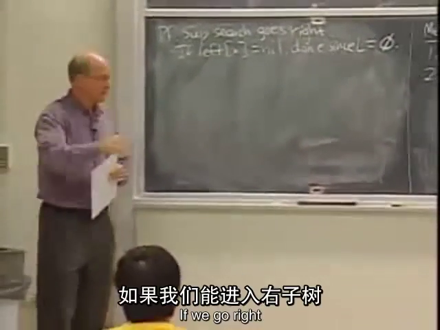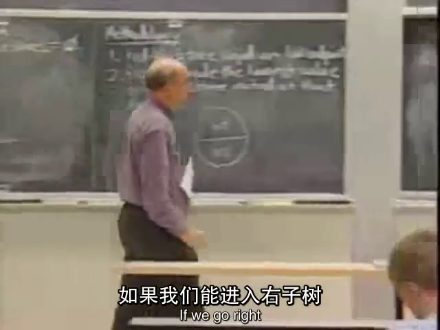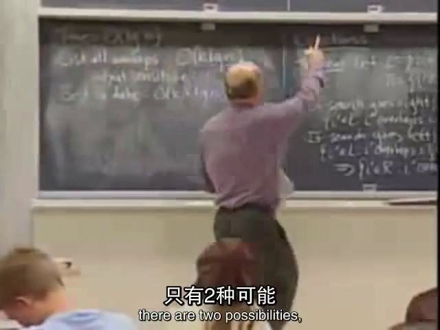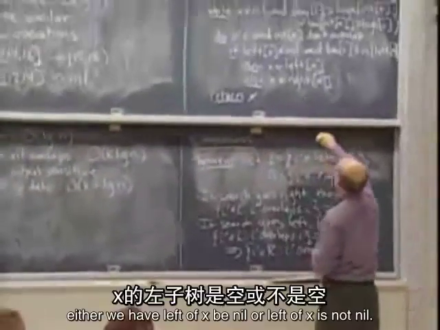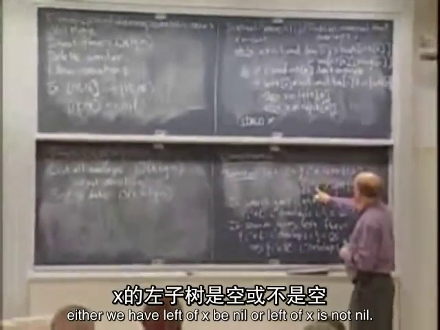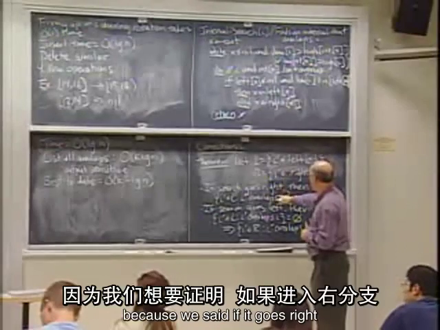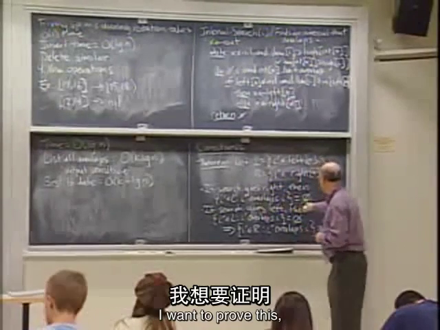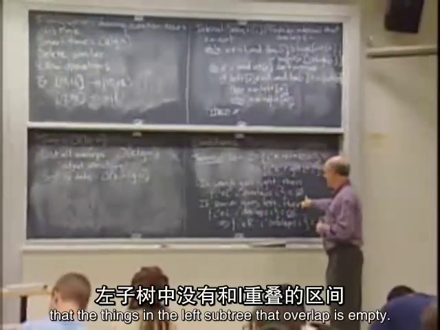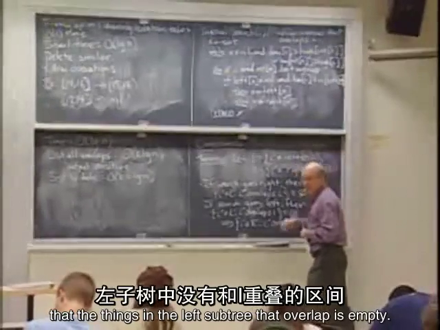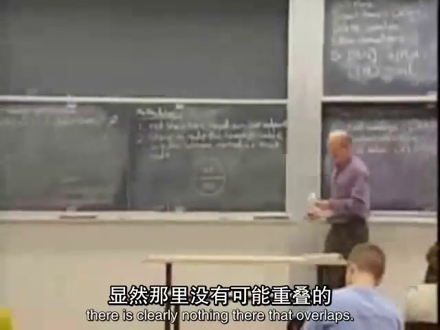If we go right, there are two possibilities: either left of x is nil or left of x is not nil. If it's nil, we're okay, because I want to prove that the set of things in the left subtree that overlap is empty. If there's nothing there, there's clearly nothing there that overlaps.